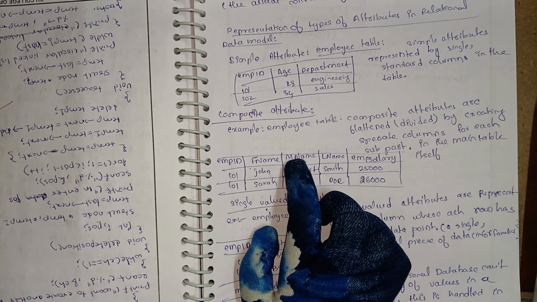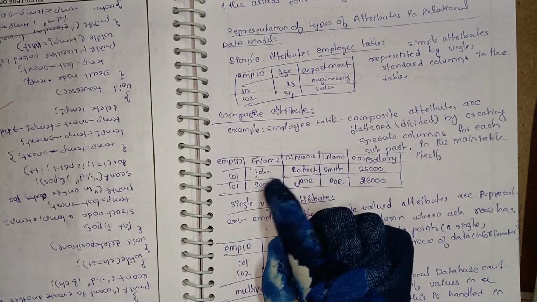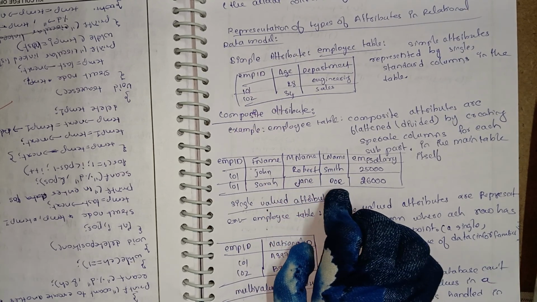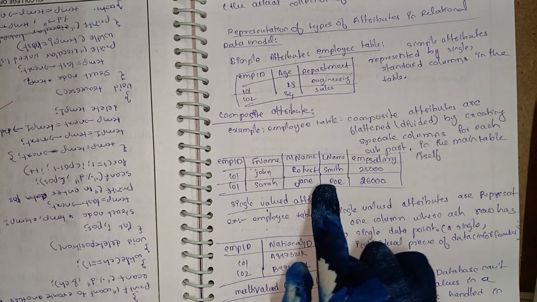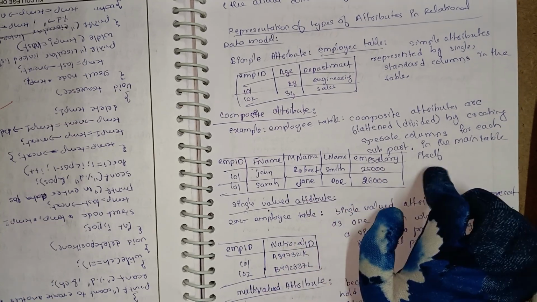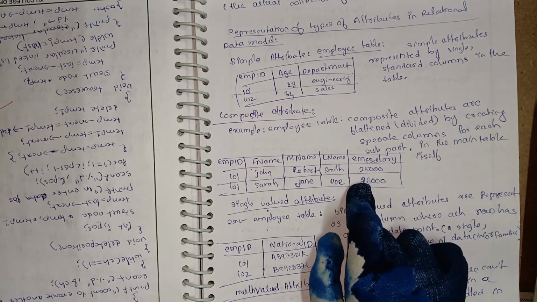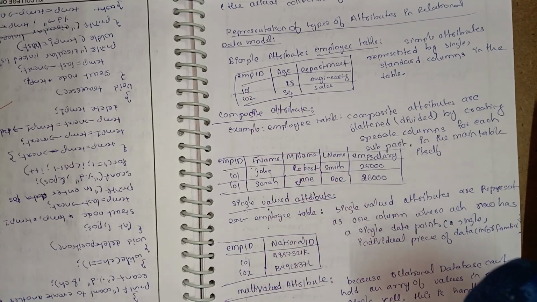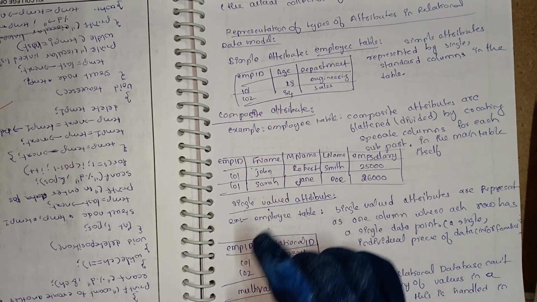Full name, first name, middle name and last name. John Robert Smith, Sarah Jean Doe. So along with other attributes also present in this main table. Okay, we are not writing these composite attributes in a separate table. We are including them in the main table itself.